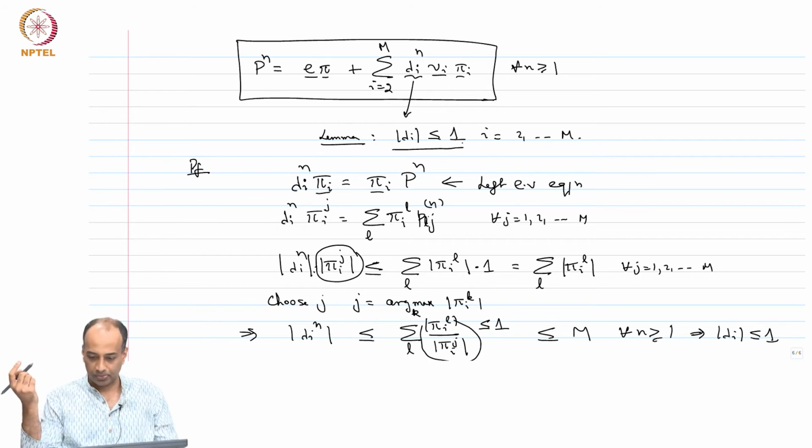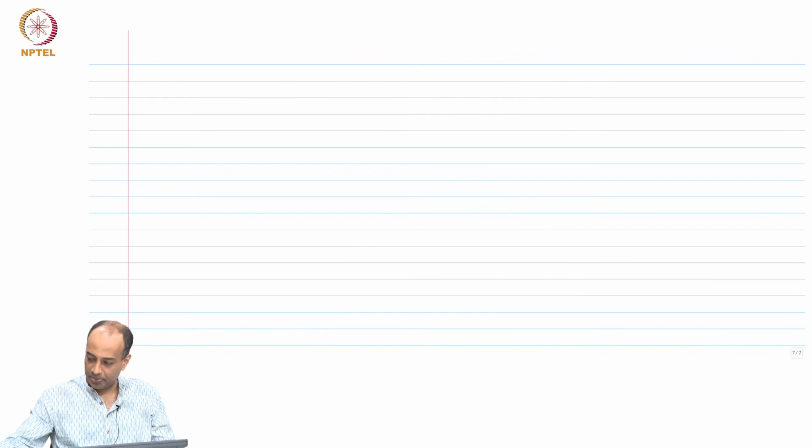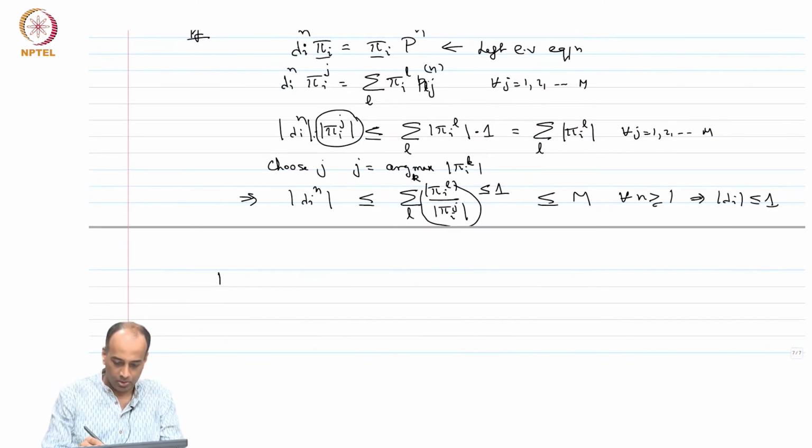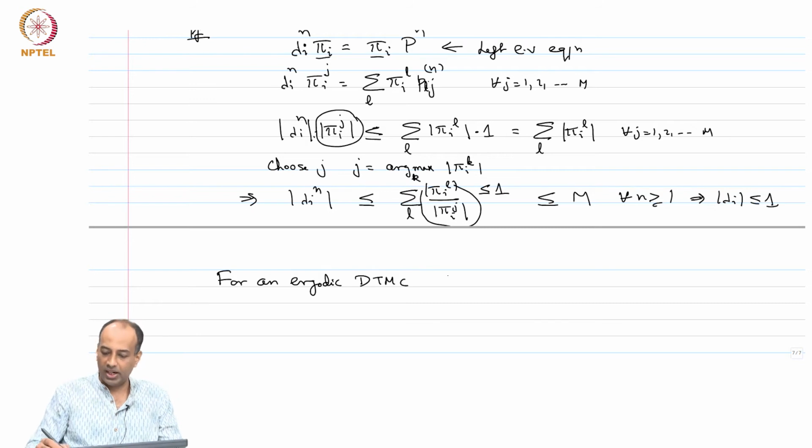Now, we know that for an ergodic Markov chain, P power n converges to E pi as n tends to infinity. How do we know this?